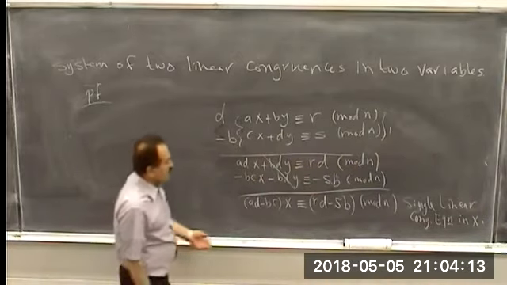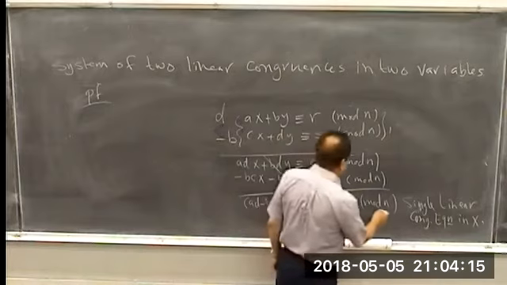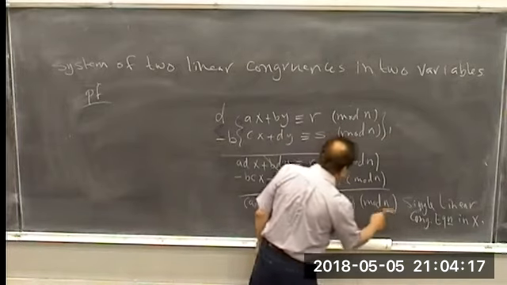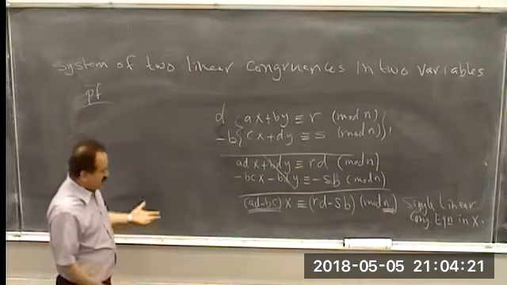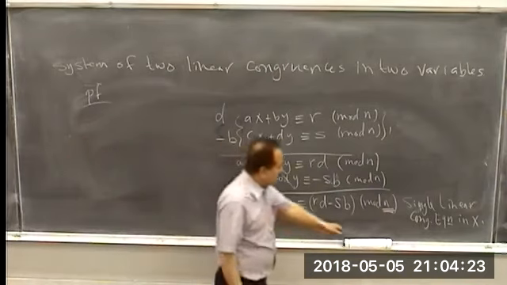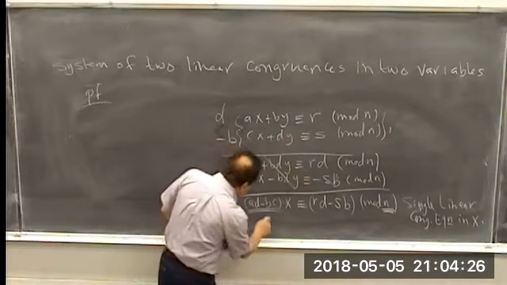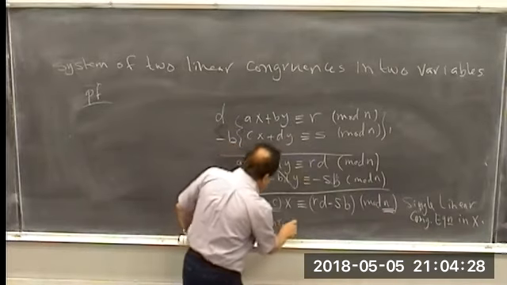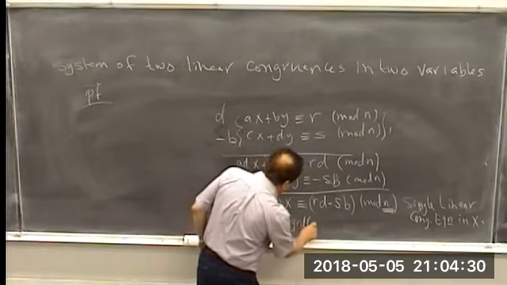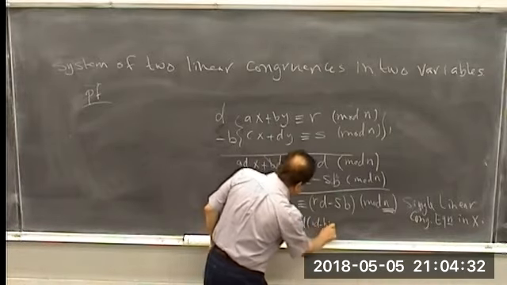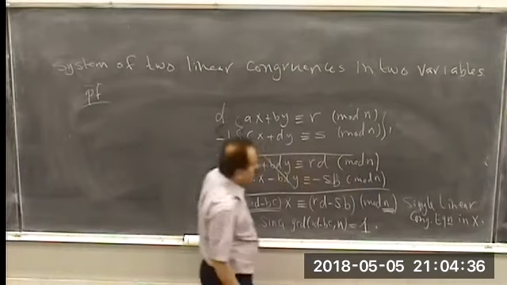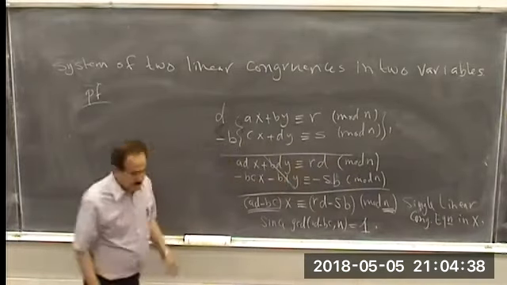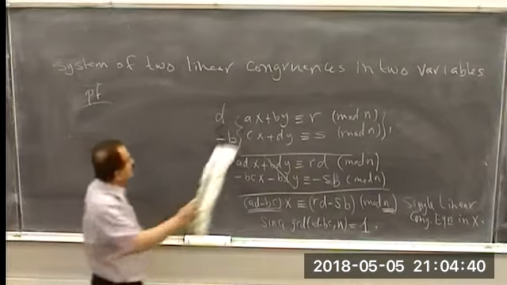This is going to have a solution provided that the greatest common divisor of the modulus and the coefficient of x is equal to 1. Now, since we are given that the greatest common divisor of ad minus bc and n is equal to 1, the equation has a unique solution.